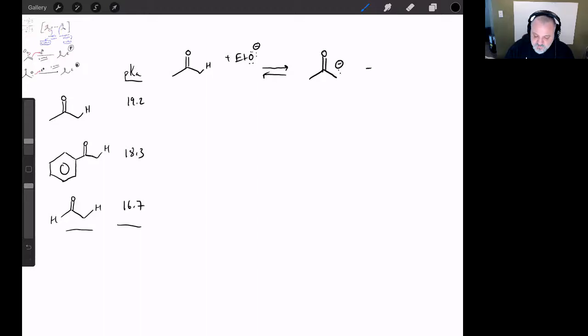Here's the reaction that I'm talking about. And if you recall from the first section of organic chemistry, where we talked about the relative strengths of acids and bases, we see that in this situation, the reaction really does favor the ketone with only a small bit of the enolate.